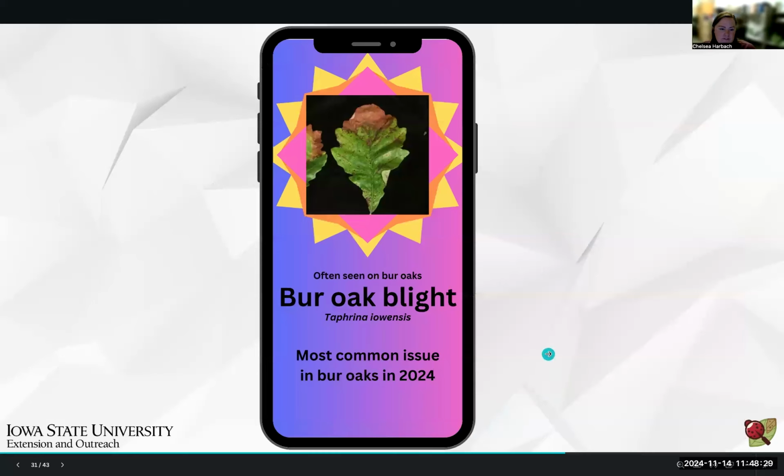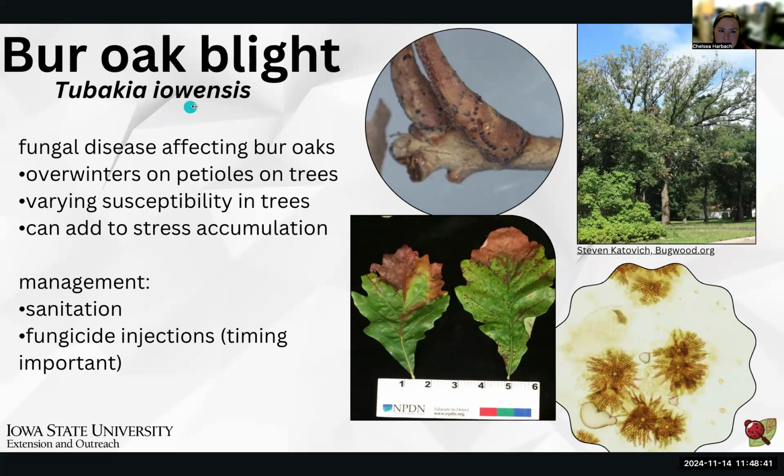The next one I'm going to talk about is bur oak blight. I saw this a lot this year on bur oaks. This is another fungal disease called Tubakia iowensis because it was first characterized in Iowa. This pathogen overwinters on petioles that remain attached to the trees.